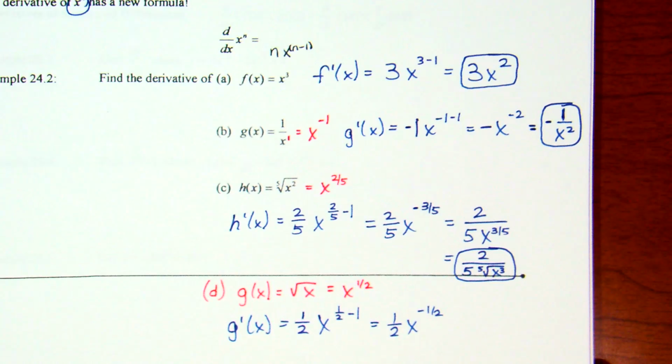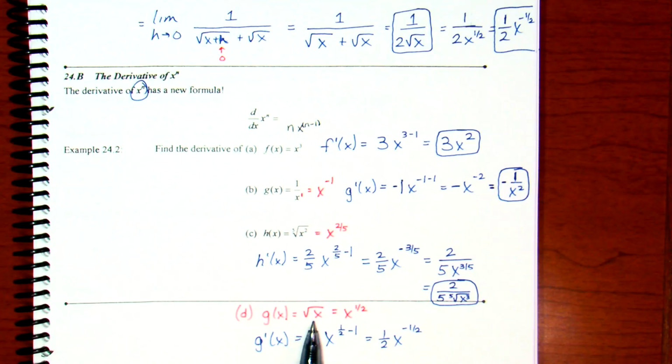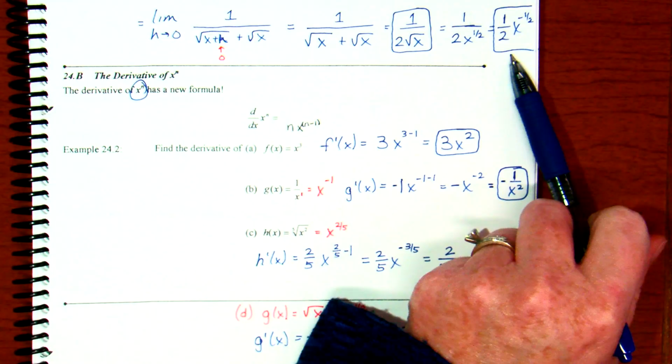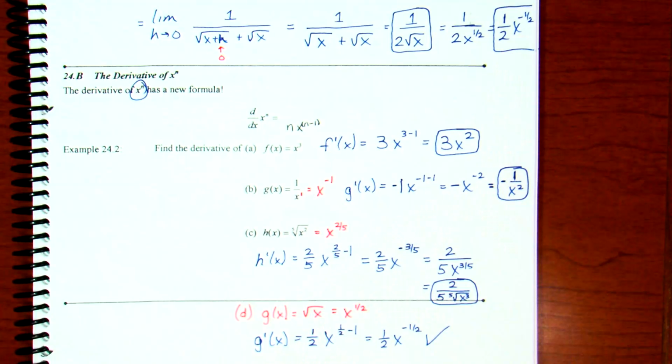Okay, so notice, I just did g of x was the square root of x. That's what was given up above. I found the derivative to be 1/2 x to negative 1/2. Notice, what did we get up here? 1/2 x to negative 1/2. Now, do you get to forget the definition of a derivative at this point? Yes.